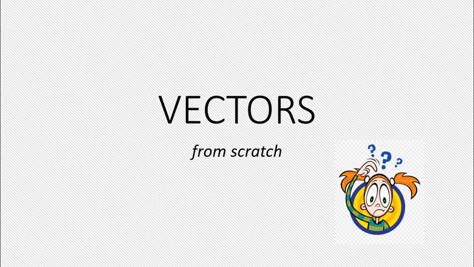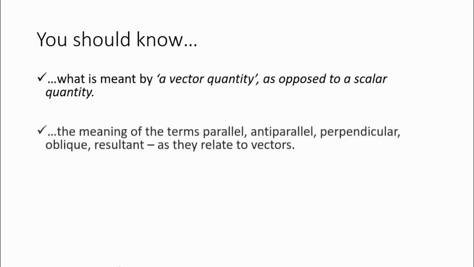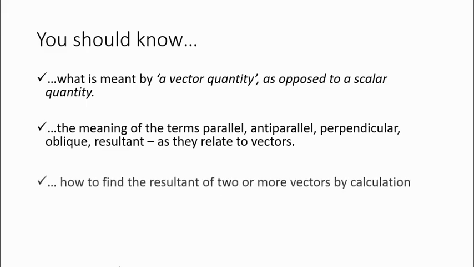So in this video, we're going from scratch, starting with what we mean by a vector quantity as opposed to a scalar quantity. Meaning of the terms we often use: parallel, antiparallel, perpendicular, oblique, resultant. We want to look at what those words mean in relation to vector quantities.